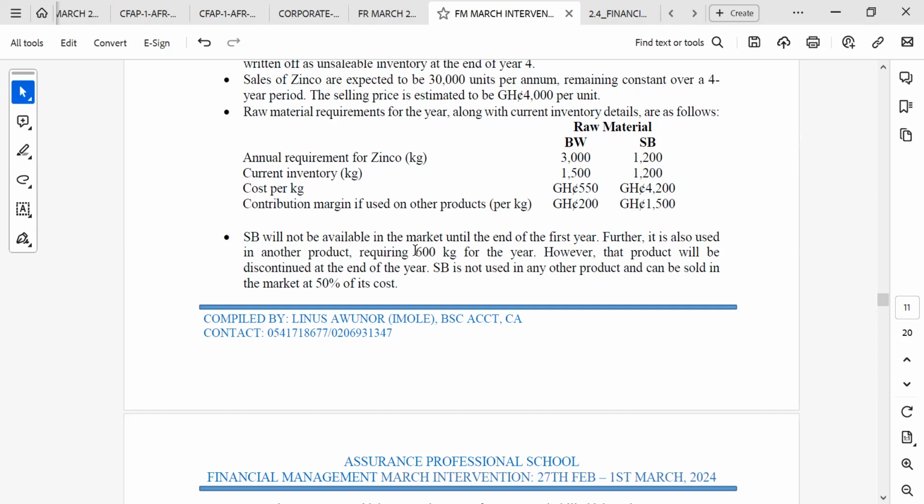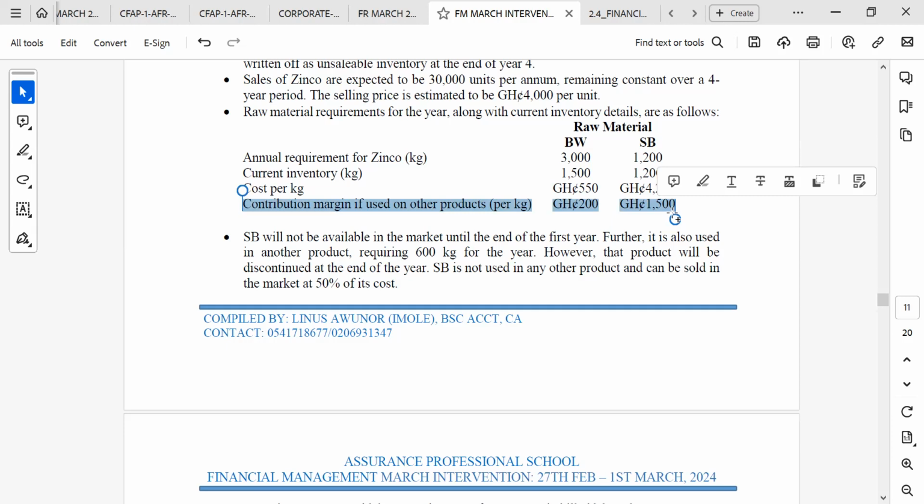Yes. Okay. Look at the contribution. Contribution, if used on other products, what are you having for SB? 1,500. So it means that if you are using the 600 on the other products, it will be giving you a contribution of 1,500 per kilogram, isn't it?